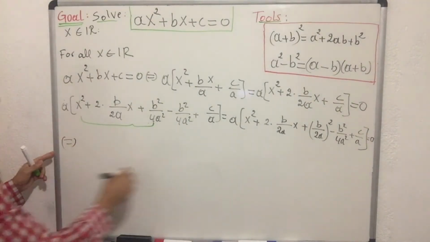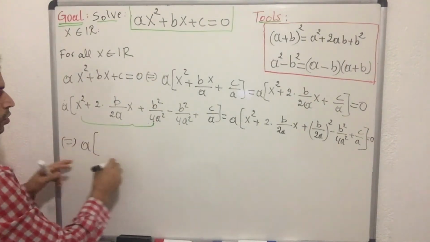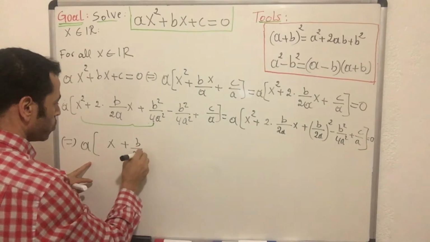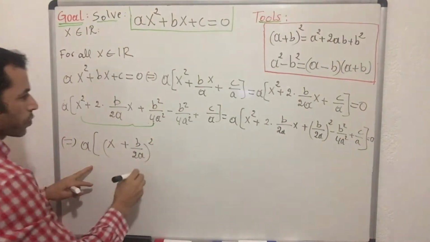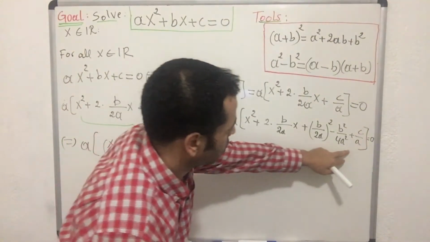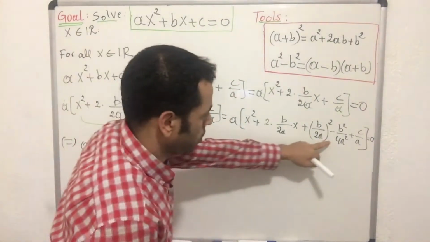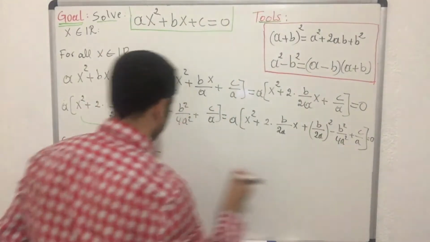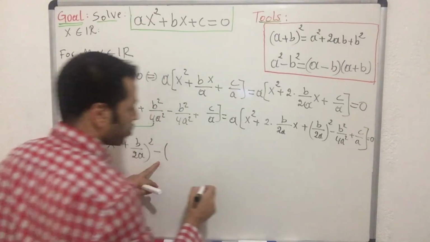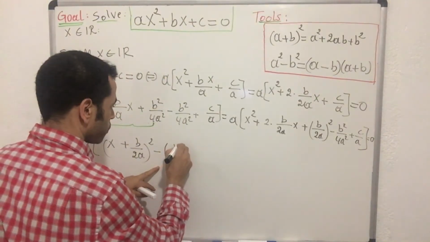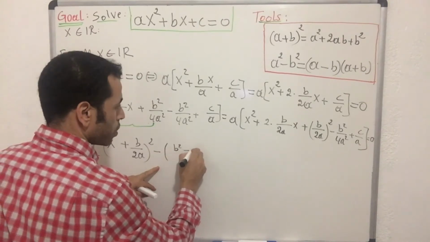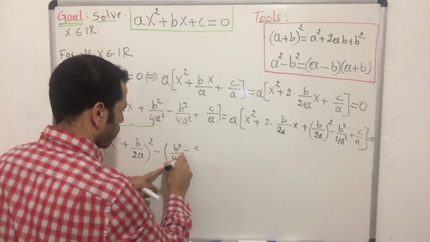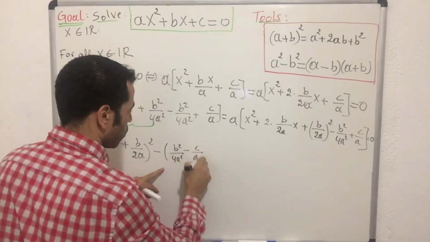This gives me a factor x plus b over 2a, quantity squared, plus these terms. I can factor the minus sign outside for both terms. So I'm taking the minus sign outside: b squared minus c, this is over 4a squared, this is over a, okay.